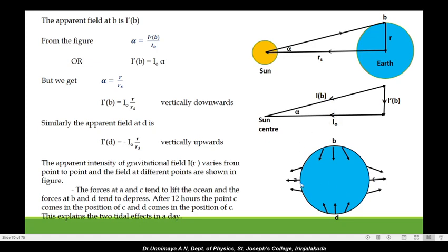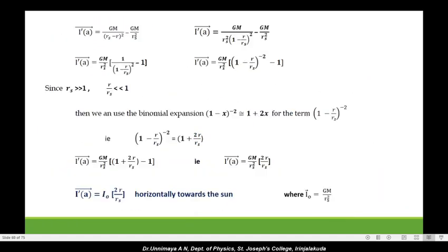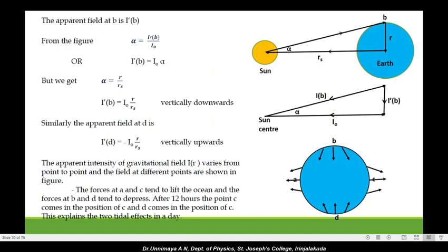First we calculate the apparent field at the point A, and we found that apparent field at A is I0 to r by rs, that is horizontally towards sun. Towards sun ആണ് ഇങ്ങോട്ടാണ് towards sun. ഇനി സീഡ് എന്തായിരിക്കും വന്നത്? മൈനസ് I0 to r by rs, that is മൈനസ് സൈൻ കൊണ്ട് നമുക്ക് എന്ത് പറയാം? The apparent field at the point C is away from sun.